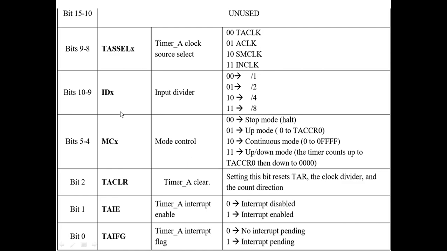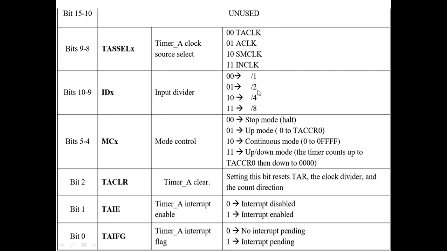Next, input divider. If you want to configure the desired clock frequency, that means if you want to change the count value, or set the desired counter value or timer value, at that time the input signal is divided. If you want to divide by 1, bits 9 and 10 are 0 0.